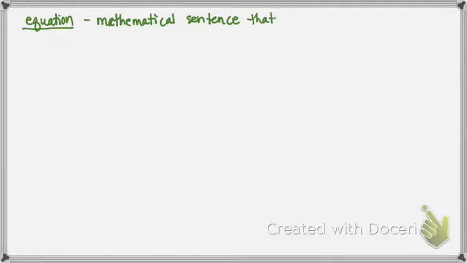Let's start with the word equation. And that is a mathematical sentence that contains an equal sign and usually a variable.